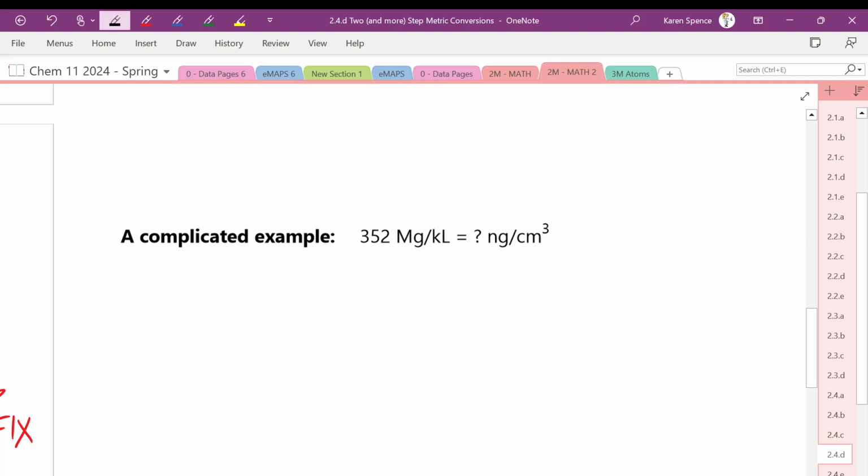Remember, we never want to have this thing written as a slash. We are going to want to rewrite that as 352 megagrams per kiloliter equals, we don't know how many, nanograms per centimeter cubed.